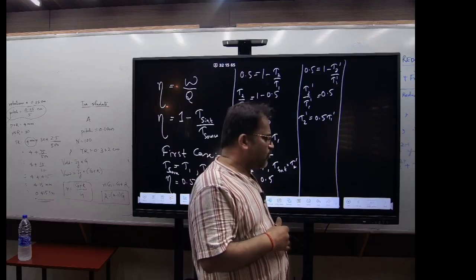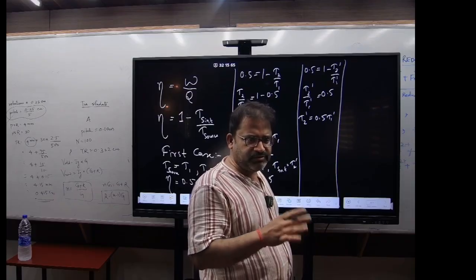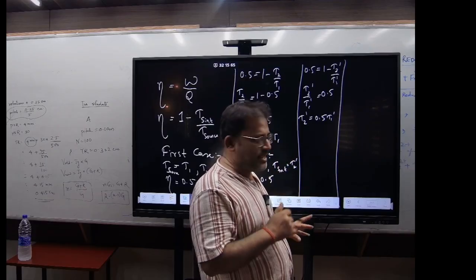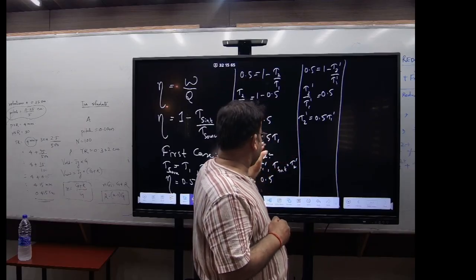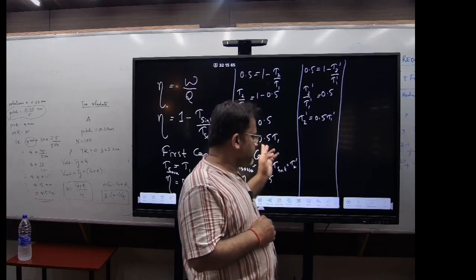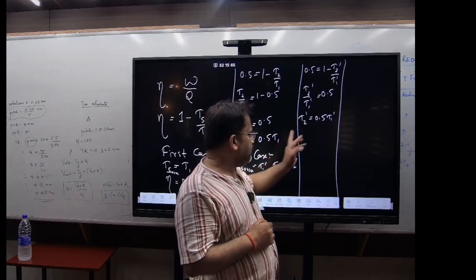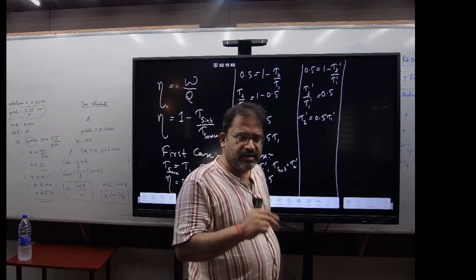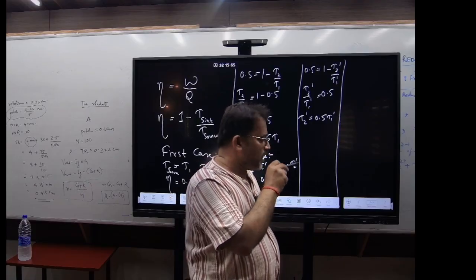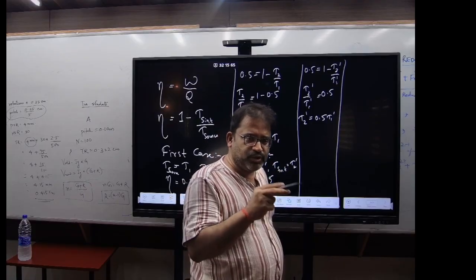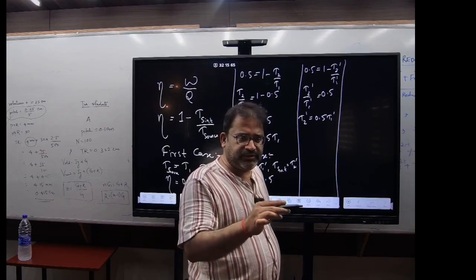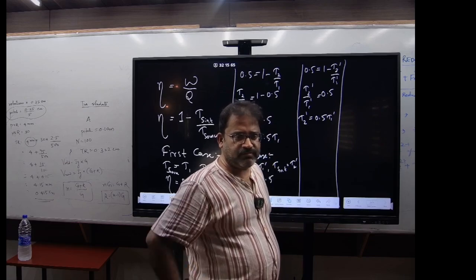So, what we can do here is that when we divide this, we can see that T2 prime divided by T2 is equal to T1 prime divided by T1, which means that this T2 and T1 prime should both have same type of T2 and T1 values.